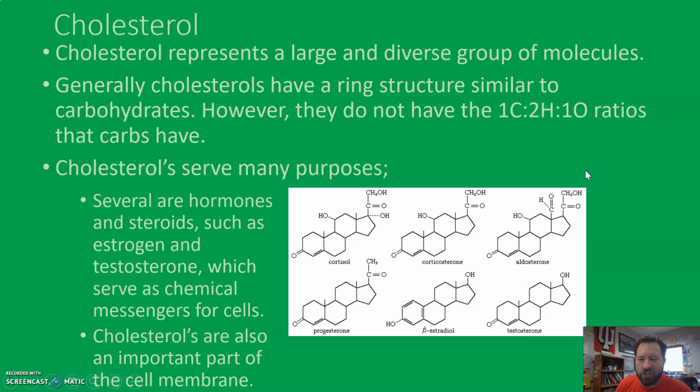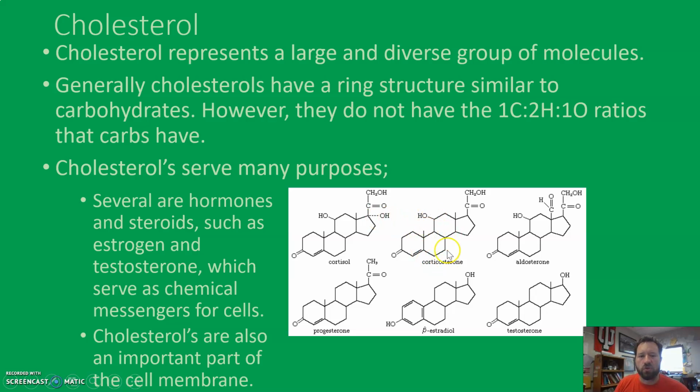Finally then, we have cholesterol. Cholesterol is a whole family of lipids. Generally, they all look very similar. Without the untrained eye, all of these structures down here would look really similar. In fact, I'm looking at them and they look incredibly similar to me. They're all types of cholesterols, very similar molecule, and you'll notice that they have this ring structure, so they don't have that fatty acid tail that the phospholipids and triglycerides had.